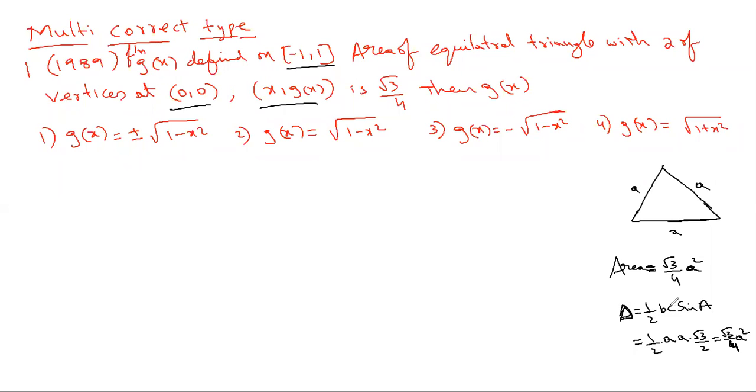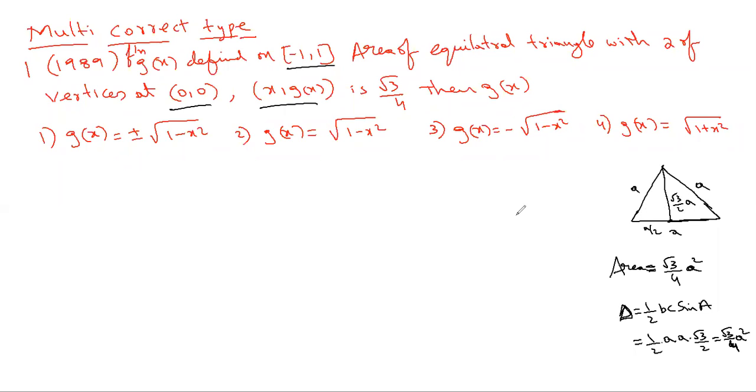In case you don't know, you can use many other formulas, like you can use the height. If you consider the median, that will be the perpendicular for an equilateral triangle. Then this will be A by 2. Then, using the Pythagoras theorem, the height will be root 3 by 2 A. Or you can use the sine 60 formula, still you get it.